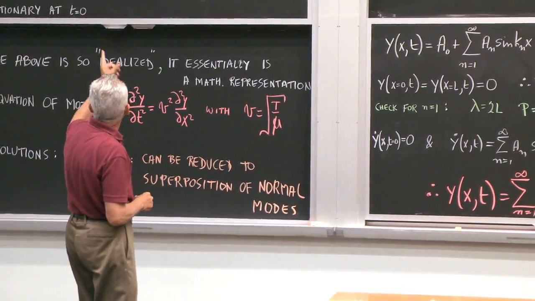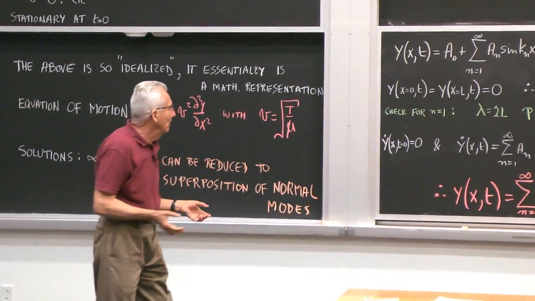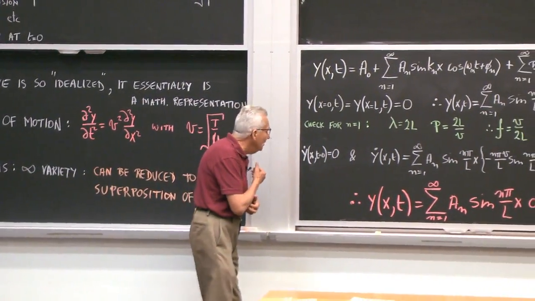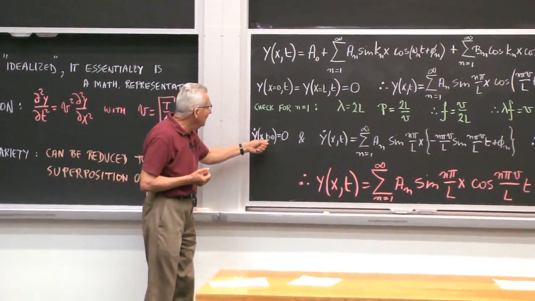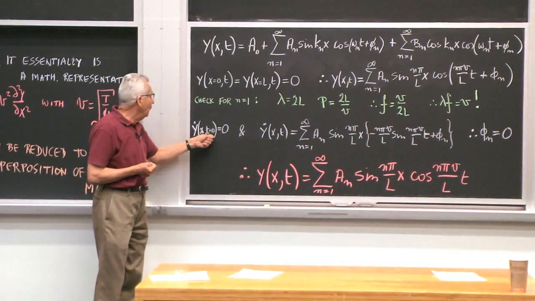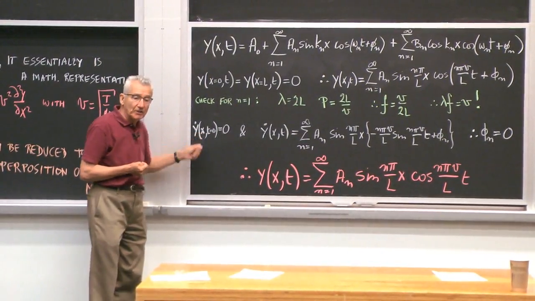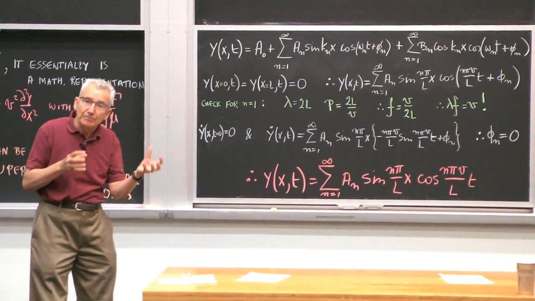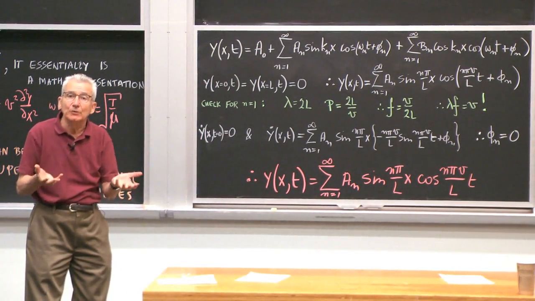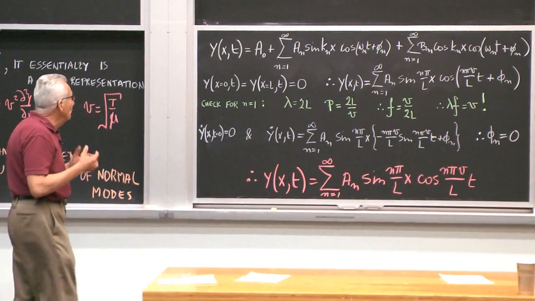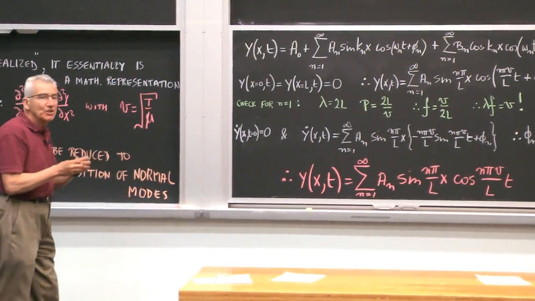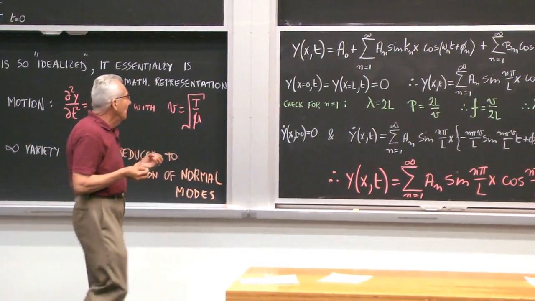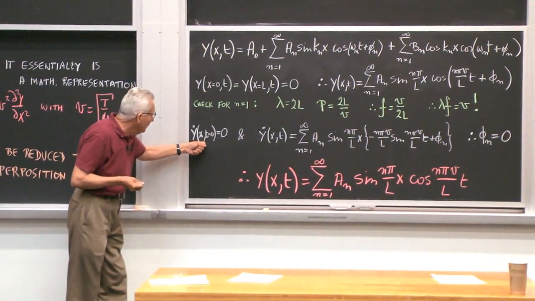But our string is not any string. We've said that initially, at t equals 0, for all positions, the string is stationary. So our description of it must take into account this boundary condition.